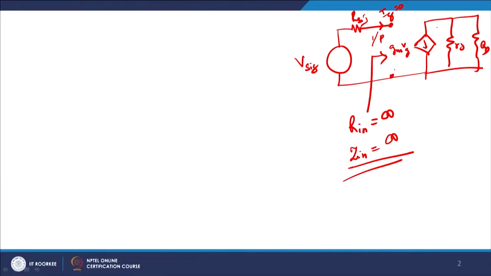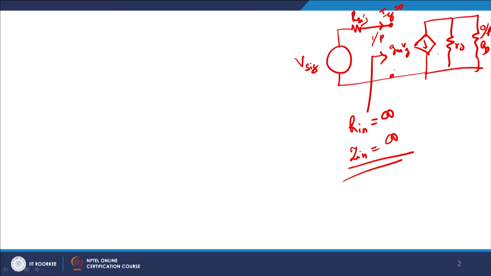This oxide layer, if you look very carefully, is a dielectric material, of course, and therefore I would not expect to see any current flowing through the MOS device as a gate current. Looking from the gate side, which is the input side, your impedance will be very large. So, your Zin will ideally be infinity, so I keep it open. Input side is kept open. This is the input side, and this is my output side.